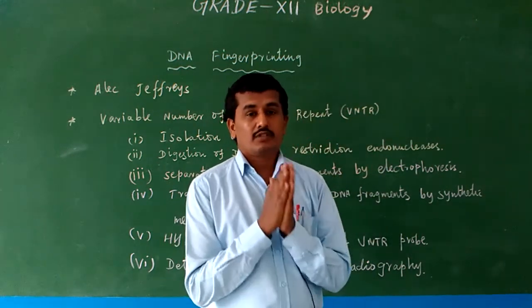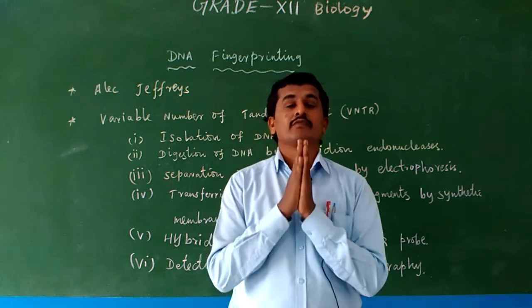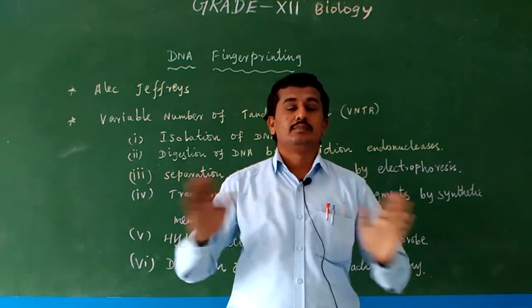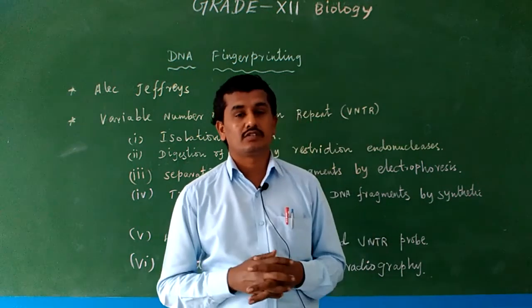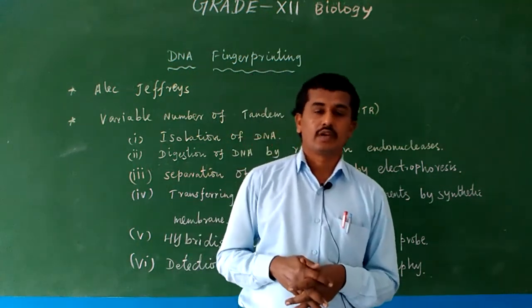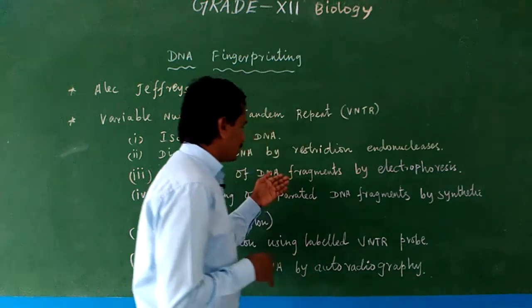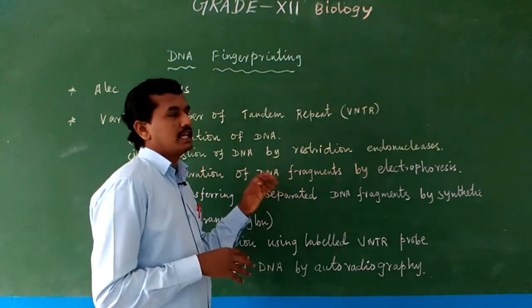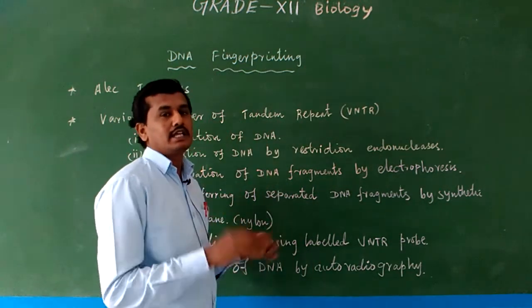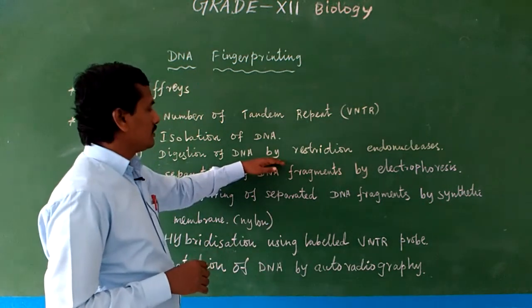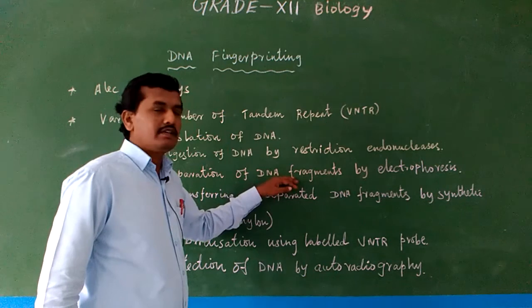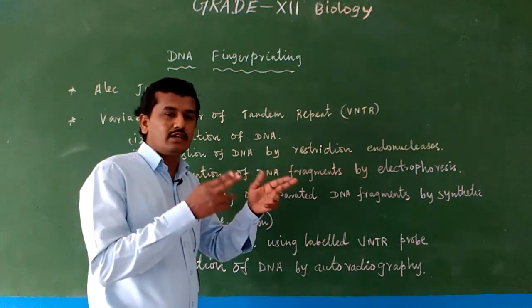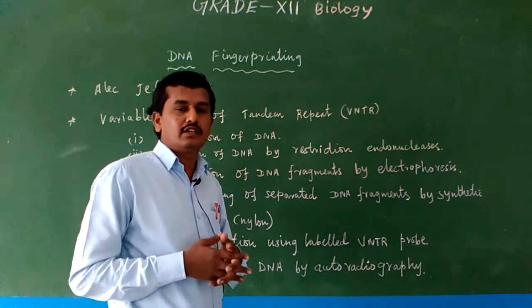So electrophoresis is a machine which is used to separate the DNA fragments according to their size. We first cut the DNA with restriction endonuclease, then separate the fragments, because restriction endonuclease cuts the DNA in various places.